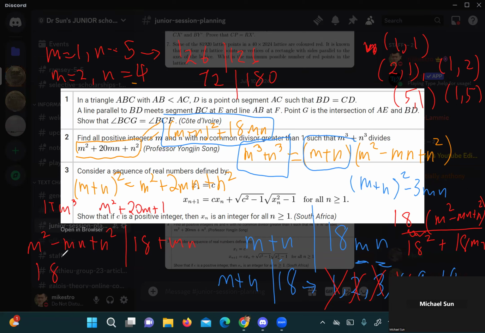This is 18 squared minus 3mn. Does that help? So that's divisible by 3.